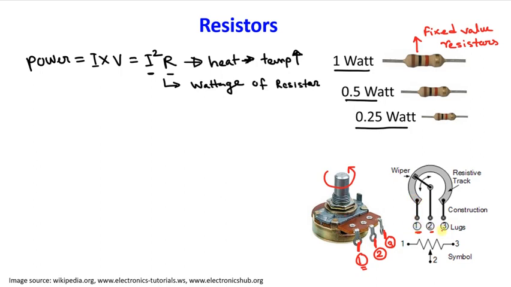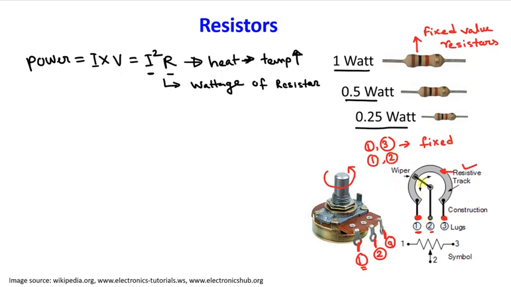Now between terminal 1 and terminal 3 you can see there is one resistive track, which is generally made up of carbon film. If you think of the resistance between terminal 1 and terminal 3, that is always fixed, right? Because that is not changing. So let me write it first: between terminal 1 and terminal 3, the resistance is fixed.